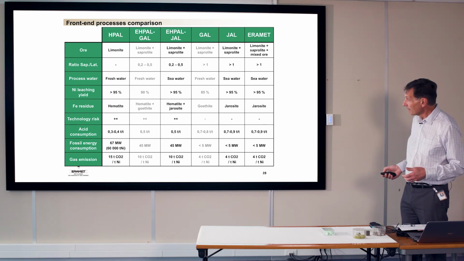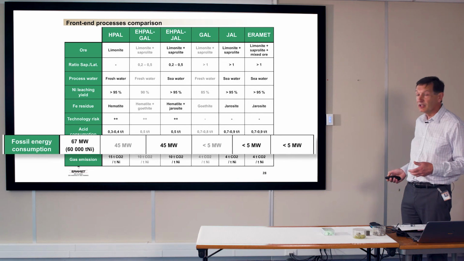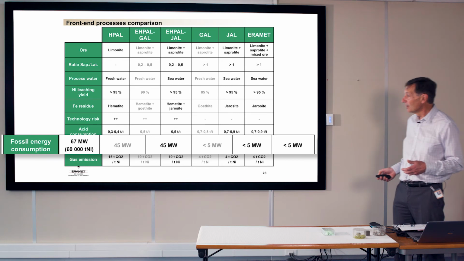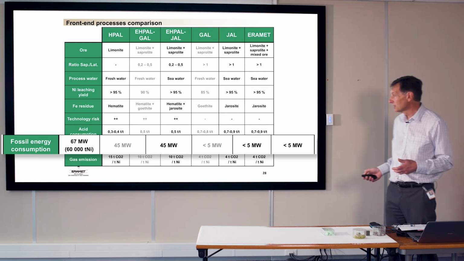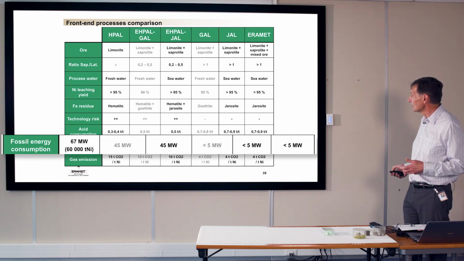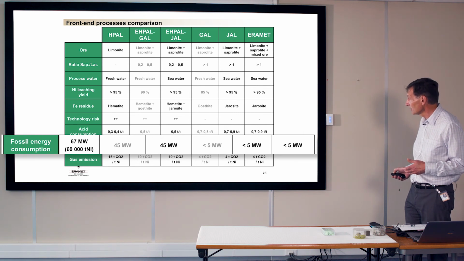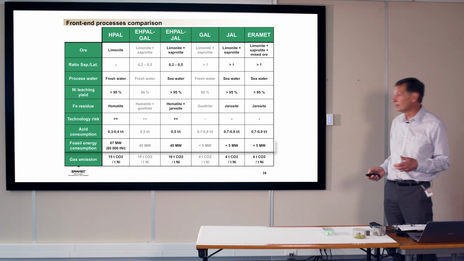And you see that for limonite, the fossil energy consumption is rather high. For a plant at the level of 60,000 tons of nickel, energy consumption is 67 megawatt. When you go to atmospheric processes, you decrease the energy consumption due to the fact that you recover energy from the acid production, and you are at a level of less than 5 megawatt.